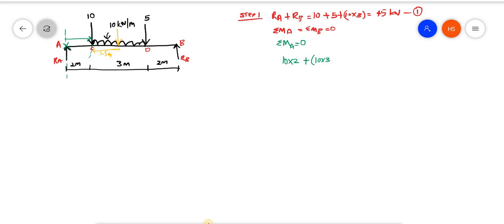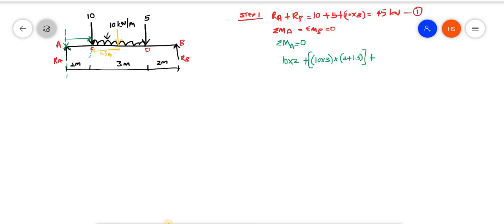So this is the load, into the perpendicular distance, which is 2 plus 1.5. This is the moment due to UDL, the load into perpendicular distance.